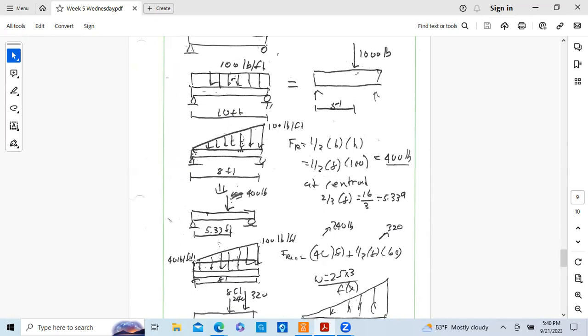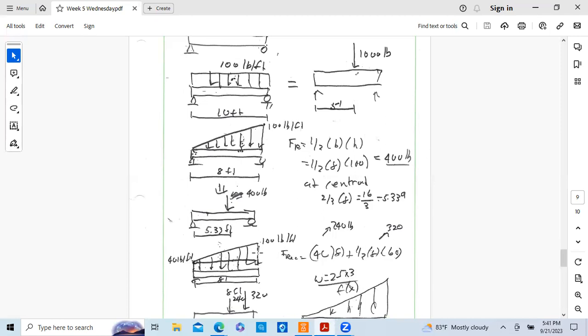But what I can do is break this down, this is the way I would do it, into a rectangle shape and a triangle shape. And we just did a rectangle and triangle, and you know where the centroids are. So the triangle is 8 across here.